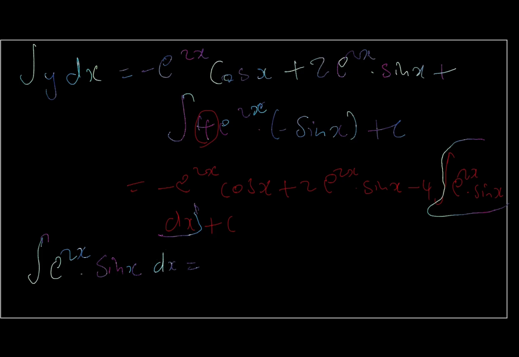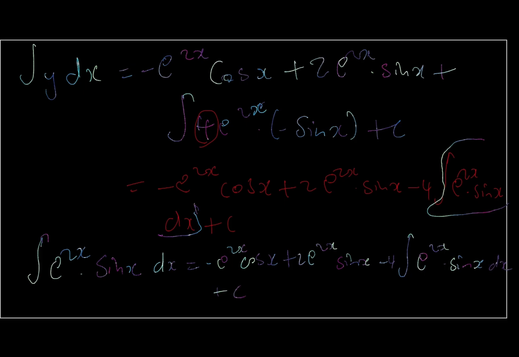Let's write everything that is equivalent to it. Minus 4 integral of e to the 2x sin x dx plus constant, right? Plus constant.